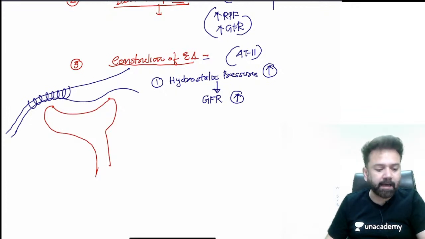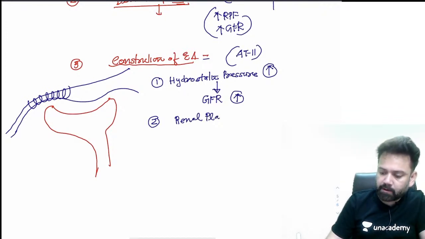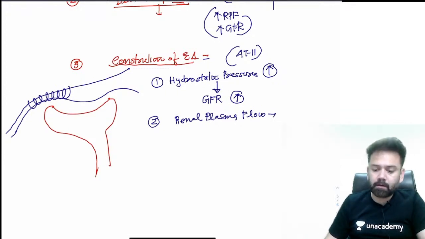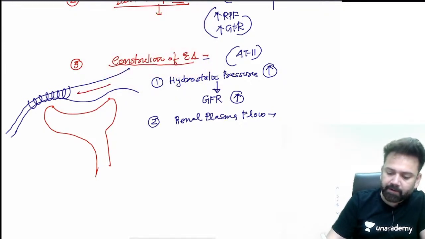For the time being. But the second factor which I am going to ask you, what is going to happen to the renal plasma flow? The renal plasma flow is coming from the efferent arteriole.